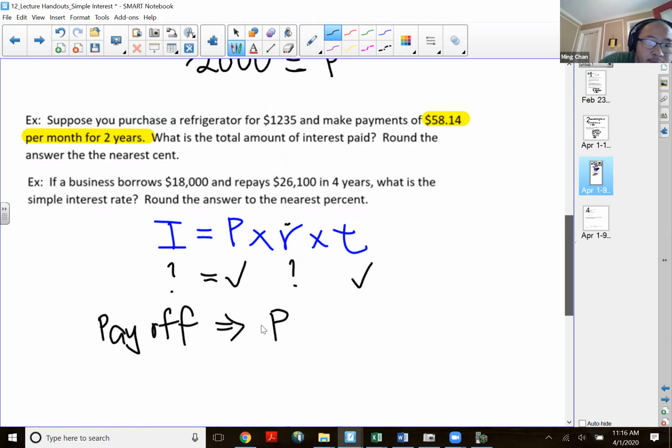We have paid the principal, what we borrowed, which is $1,235, plus the interest. When we pay something off, we have paid both principal plus the interest. So how much money did I pay at the end of 2 years?